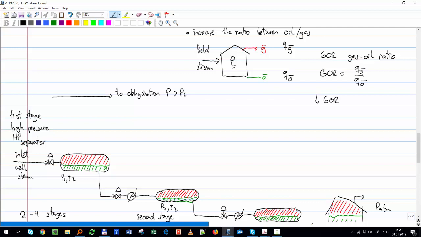Therefore, I have to take that stream and put it through what to increase the pressure of the gas? What equipment do I normally have? People say like a pump, but for gas, right? How do we call a pump for gas? A compressor, okay? How do we draw a compressor?